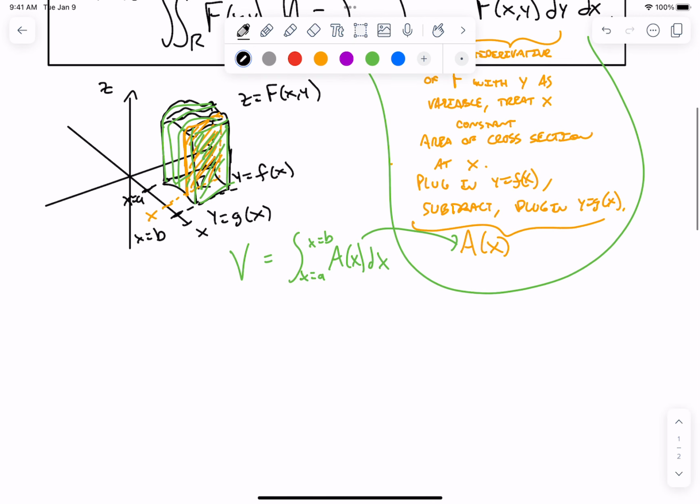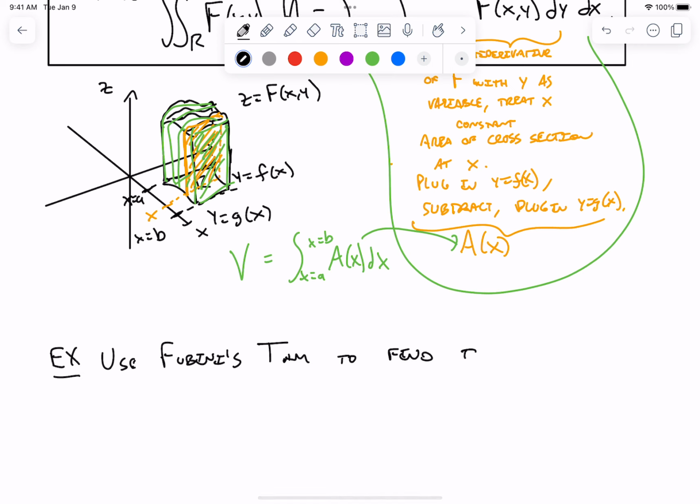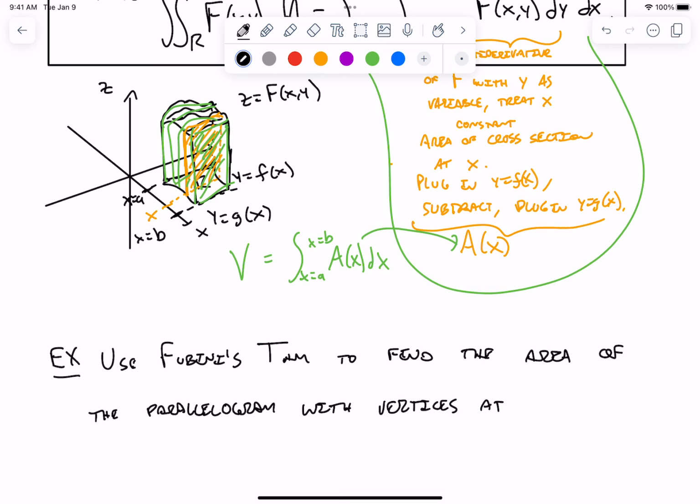Let's use Fubini's theorem to find the area of the parallelogram with vertices at (0, 0), (1, 3), (3, 5), and (2, 2).